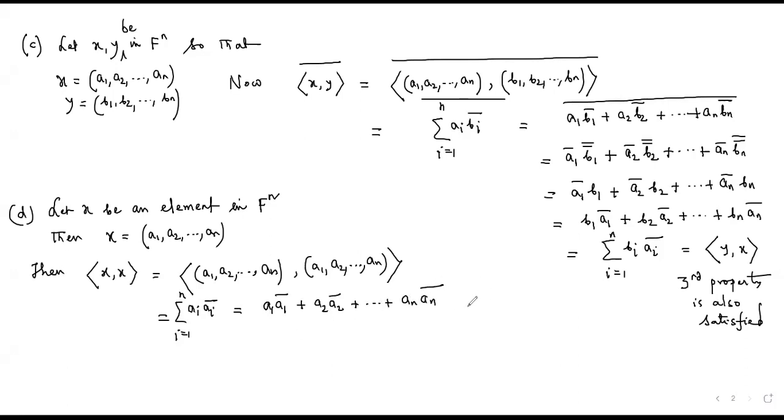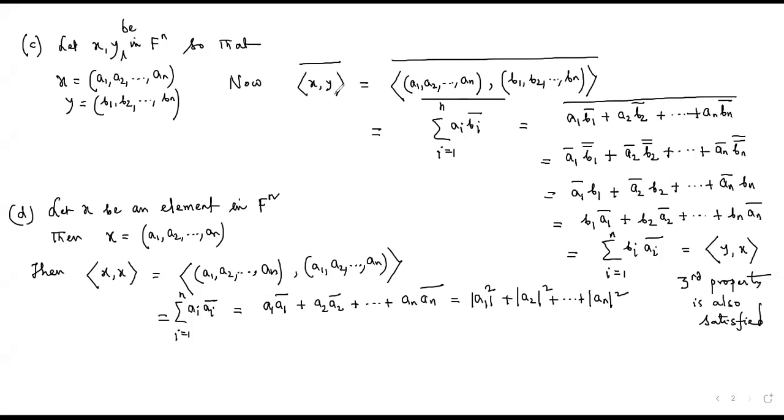And we all know from our earlier experience that a1 a1 bar is nothing but mod a1 square, a2 a2 bar is nothing but mod a2 square, and an an bar is nothing but mod an square.